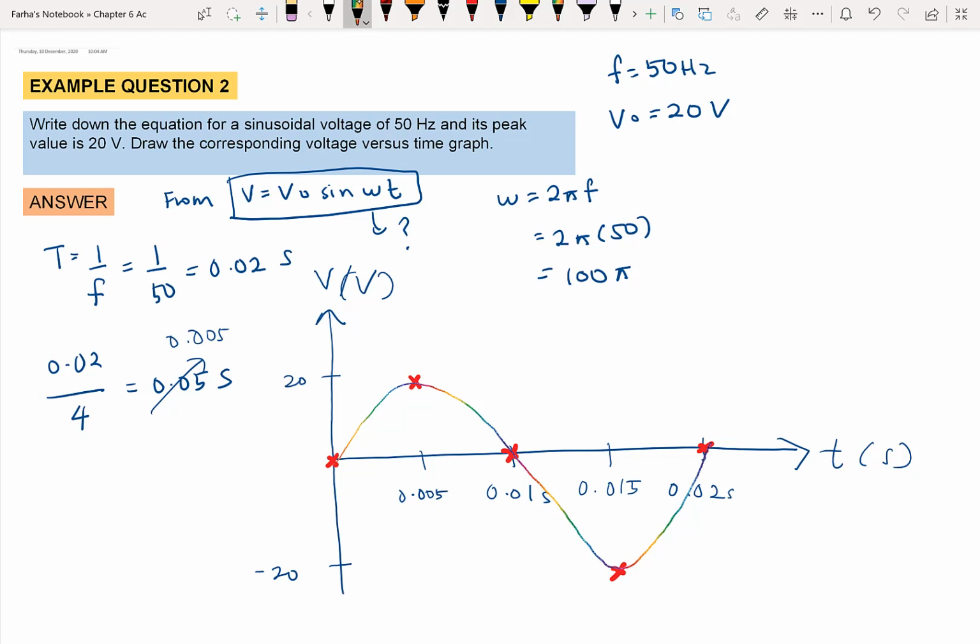So here is the graph for v equals 20 sine 100 pi t, where v is in volt and t is in second.